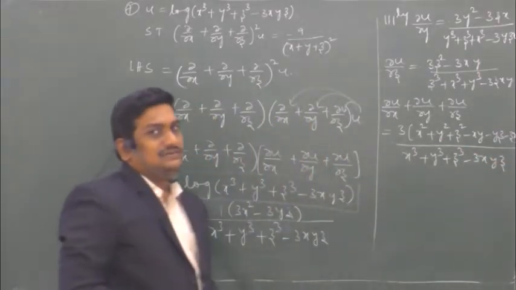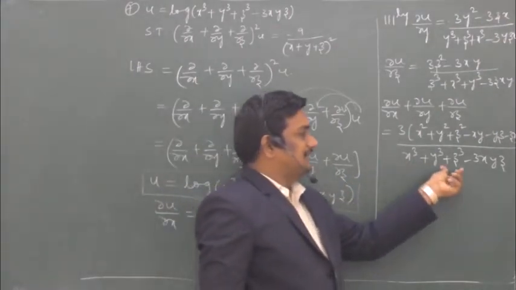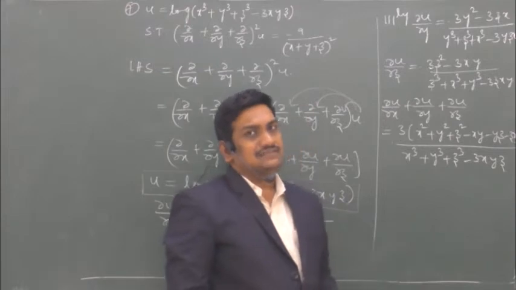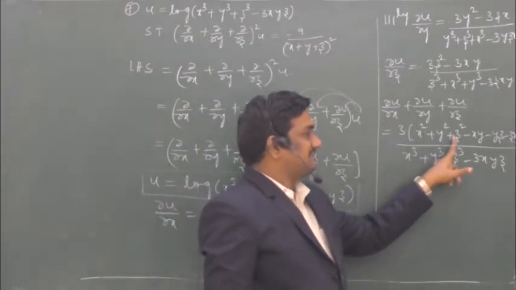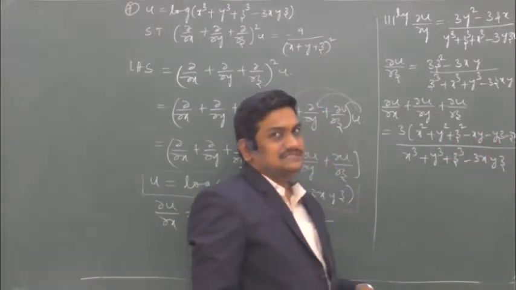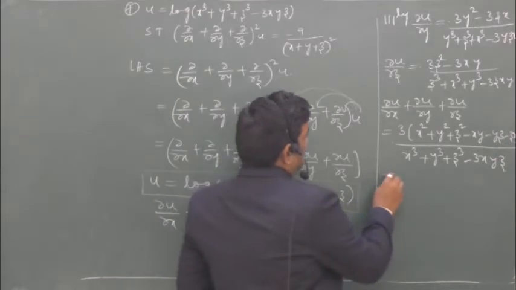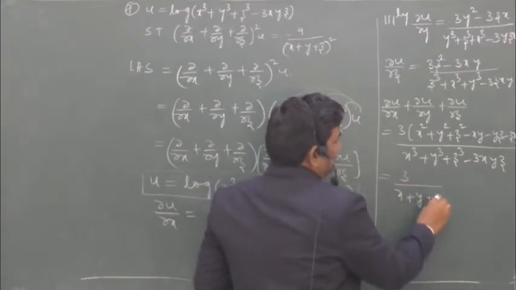Okay. So in lower standards you have the formula: a cube plus b cube plus c cube minus 3abc is equal to (a plus b plus c) into (a square plus b square plus c square minus ab minus bc minus ca). So according to the formula, it will be 3 by (x plus y plus z).